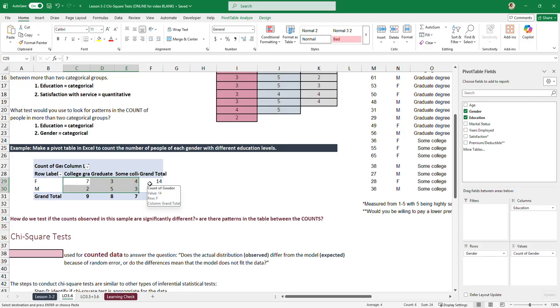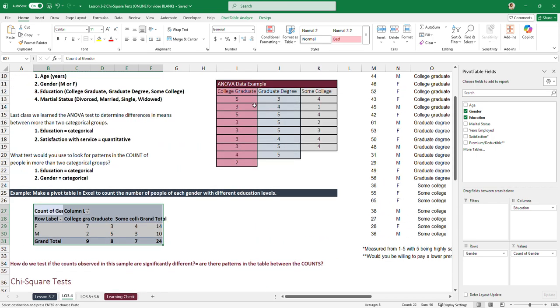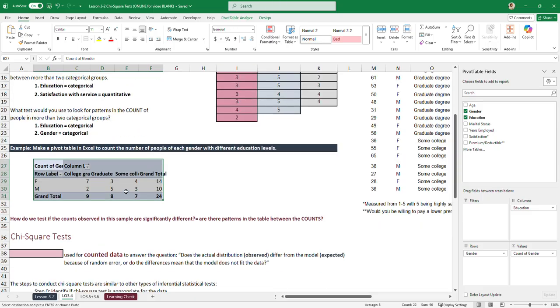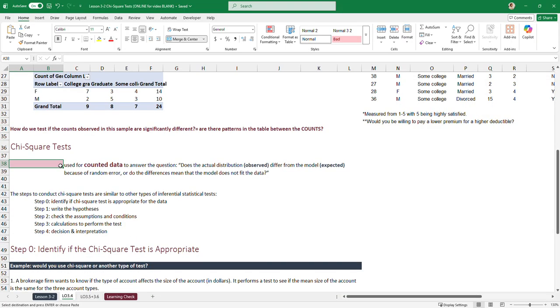So the question becomes, how can we do some kind of test where we can get a p-value when we only have counts in a pivot table? We do not have averages like we did for ANOVA or the t-test. So the answer is that we need to use a new type of test that is called the chi-square test.